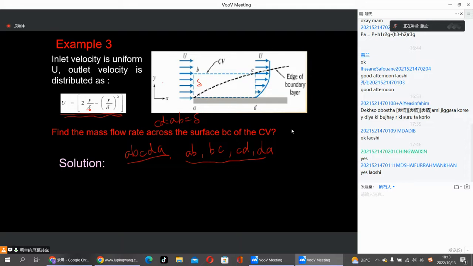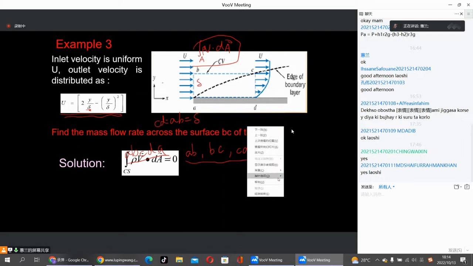How do we find it? If we know the velocity distribution along the boundary BC, we can use the definition of volume flow rate or mass flow rate to calculate, right? But here we don't know the velocity distribution along BC. How can we do that? Again, mass conservation.